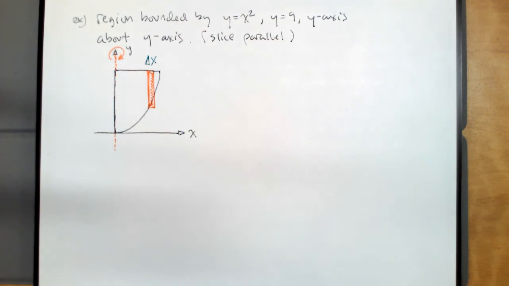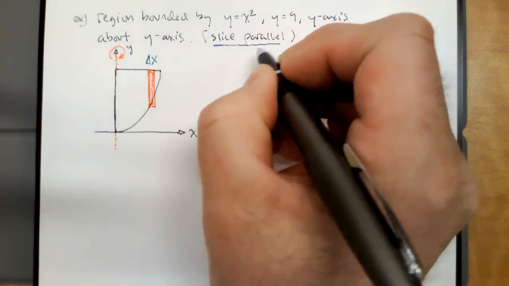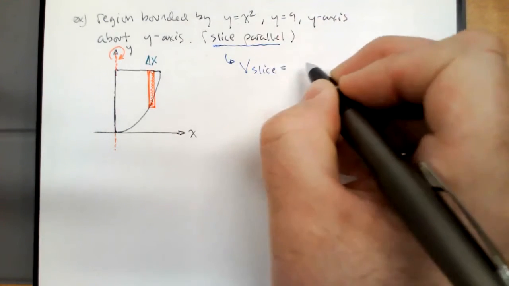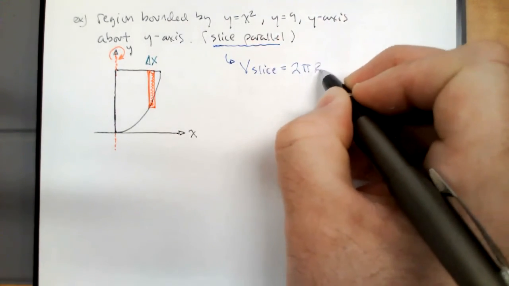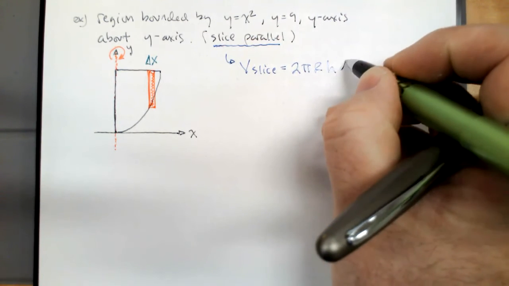We have decided to slice parallel. So we immediately write the volume of the slice is 2 pi times the radius times the height times the delta variable, which is delta x in this case.